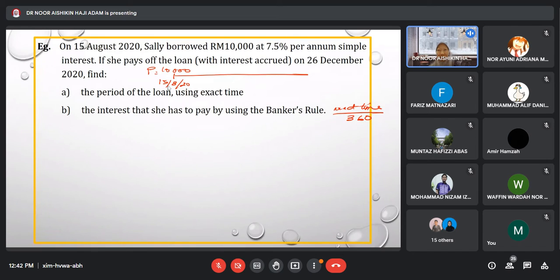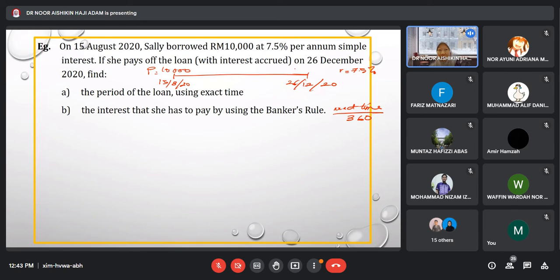Principal. Principal P. At 7.5%, R equals to 7.5%, 0.075 per annum simple interest. If she pays off the loan with interest on 26 December, 26/12 of the same year.